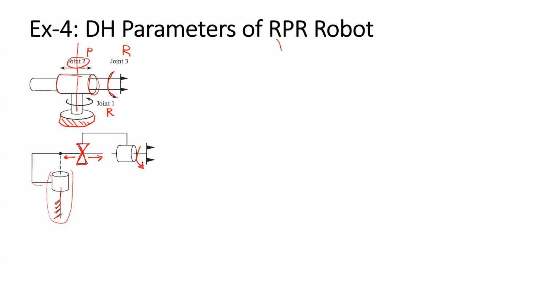So for this problem, the zeroth step, we may try to draw the robot when we have the joint angle.